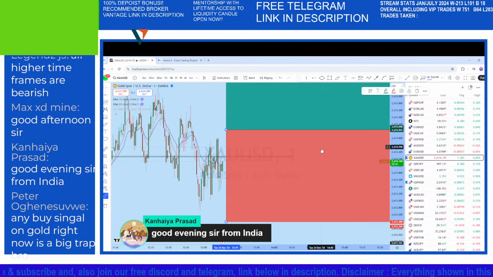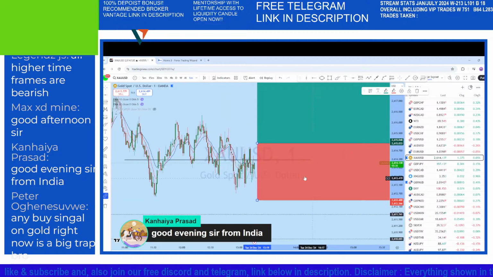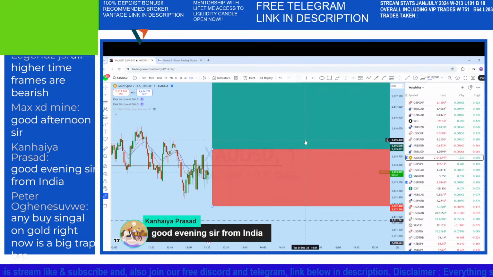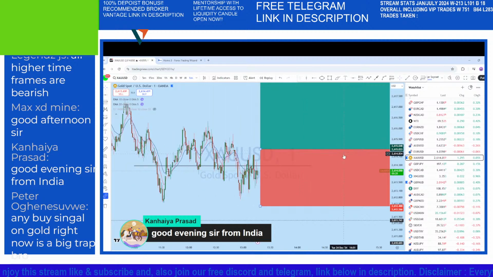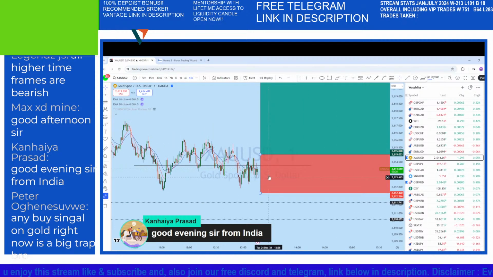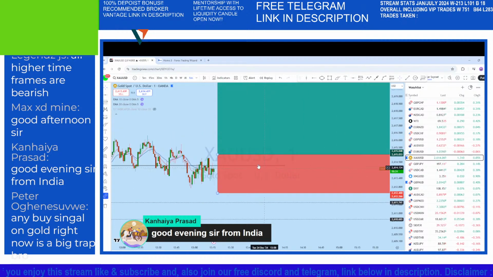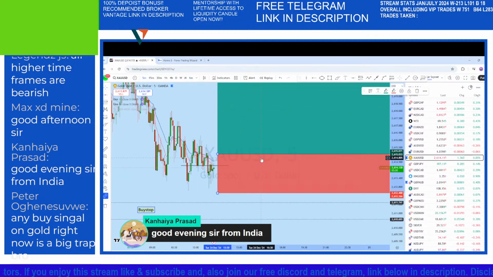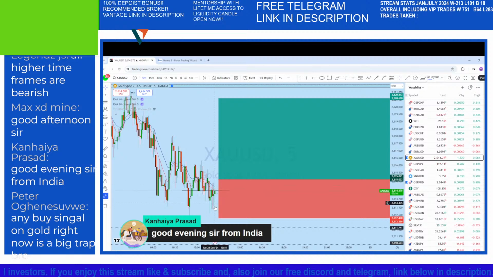Here is a series of higher low formation. Very narrow price section at the moment, and from this area we see quite a few higher low formations on the 5 minutes.